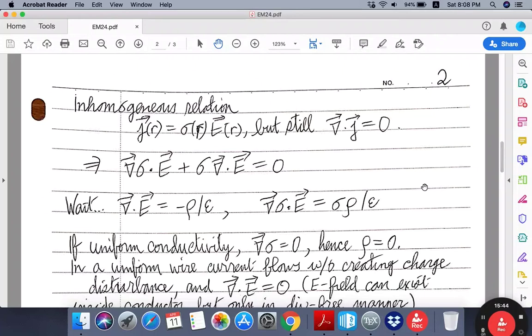Okay, so it's even conceivable to extend this Ohm's relation to the case of inhomogeneous conductivity. By inhomogeneous, I mean this conductivity value can change from place to place. And most metals, and most materials for that matter, are not completely homogeneous.